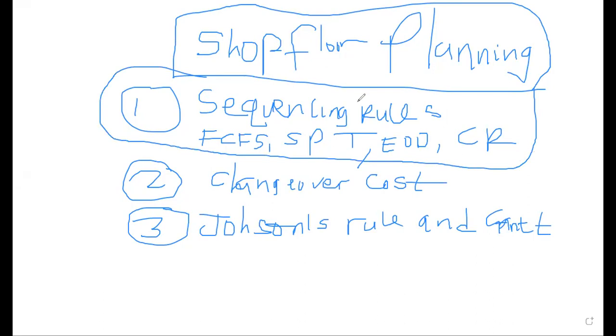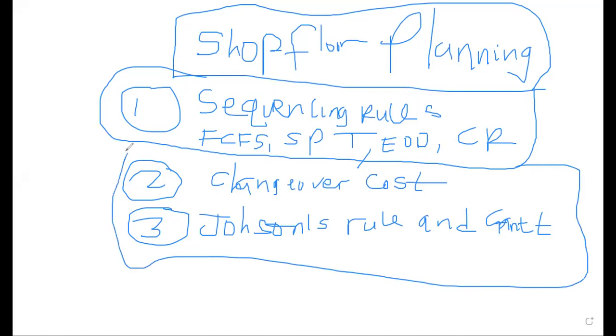There's no need for you to worry. Today we are going to finish this topic. We'll look at these 2 parts in today's class, which are the changeover cost and Johnson's rule, the Gantt chart.